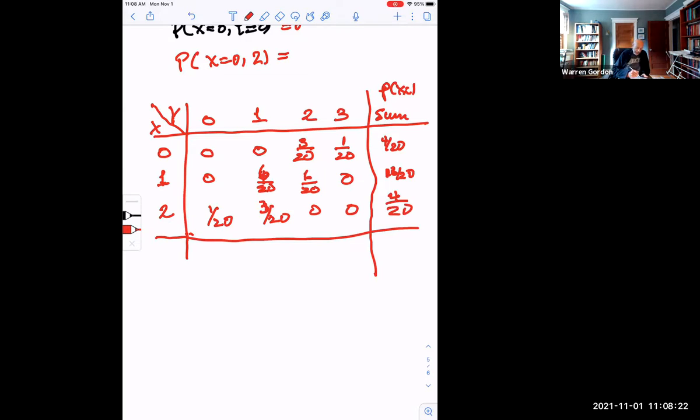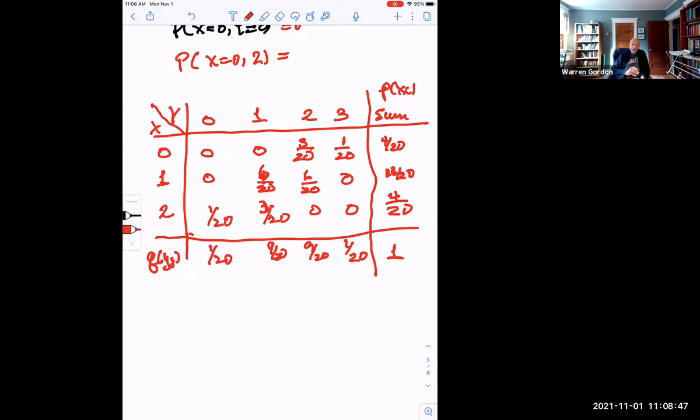Similarly, let's add up the last column. Call it Q of Y sub j. This would be 1 out of 20, 9 out of 20, 9 out of 20, 1 out of 20. Now make the following observations. If you add up all the Q's, you get 1. If you add up all the P's, you get 1.